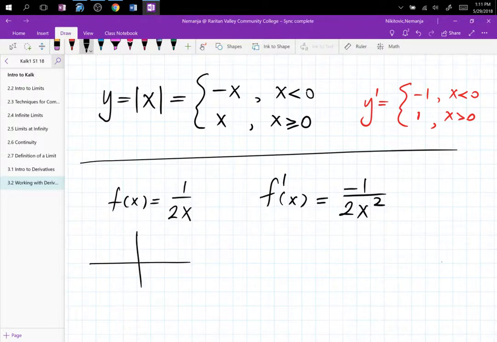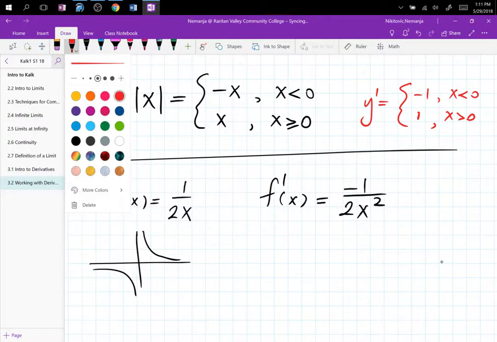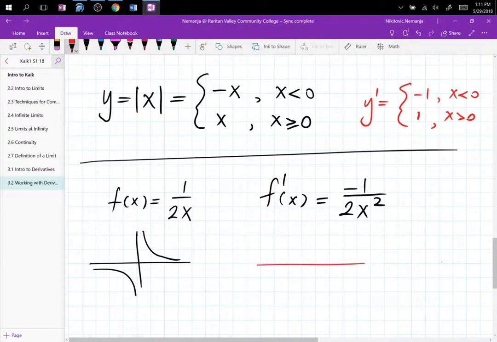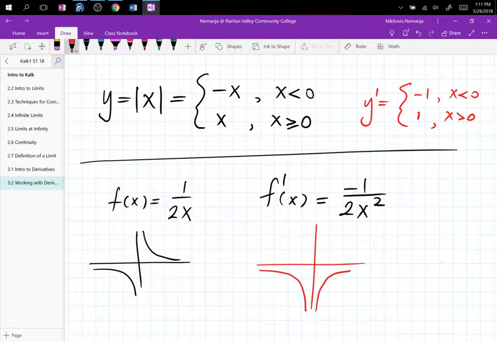This one will graph this way, and the other one, red, the derivative, will graph this way. Please observe that the vertical asymptote x equals 0 is preserved from the function to the derivative. Preserved.